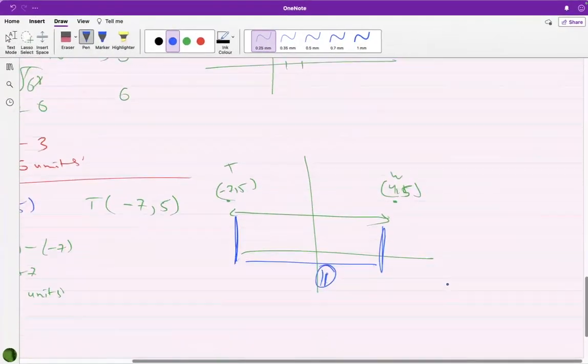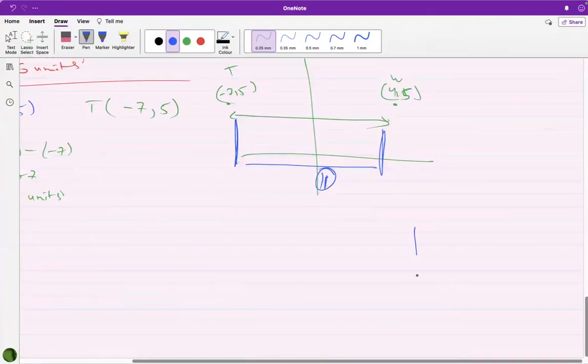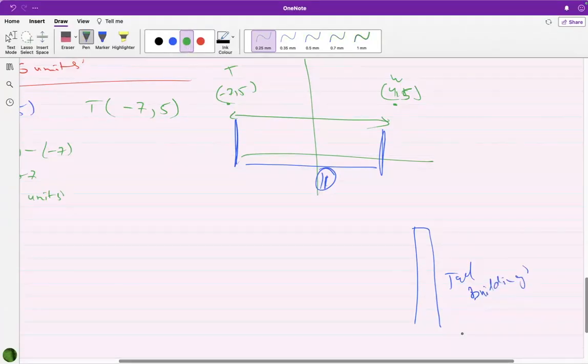For example, someone asks you to find the height of this building, and maybe we couldn't because we lack the necessary equipment. But what we could do is place a small object here and place my eye right there, and I'm looking here and this passes over the building.